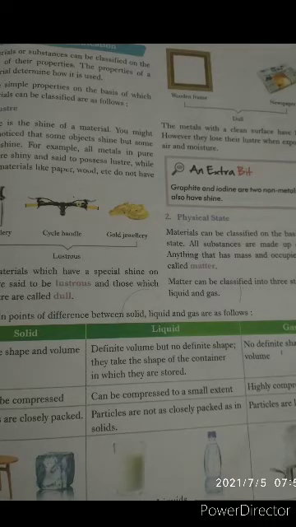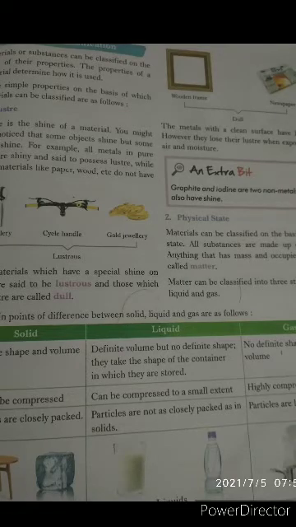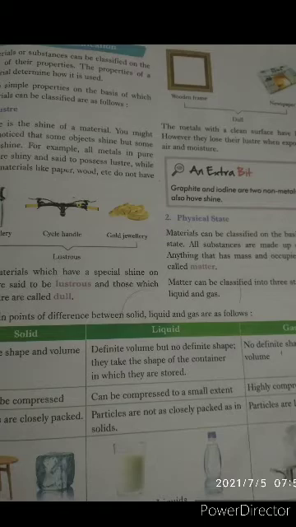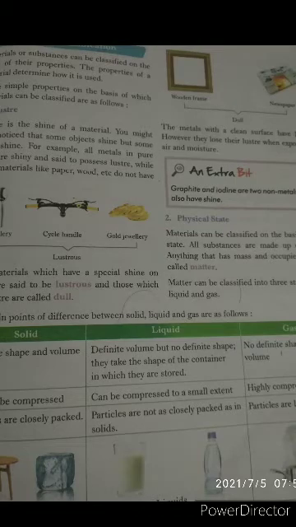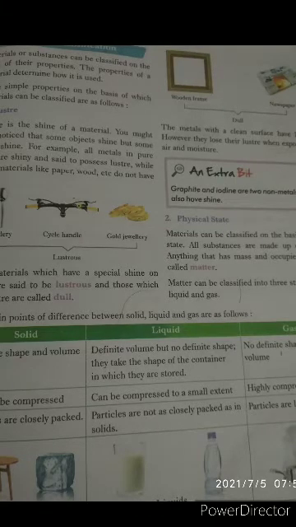That's why it will be hard. But in liquids, particles are closely packed, but not as closely packed as in solid. Next, in gas, particles are packed very loosely. That's why it will change its shape very quickly. Here an example is also given, you can see there.